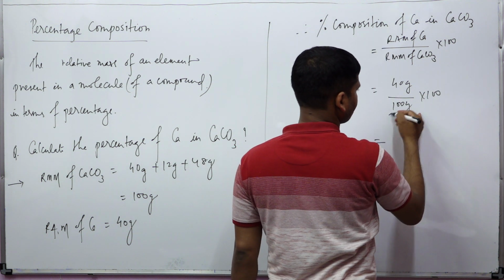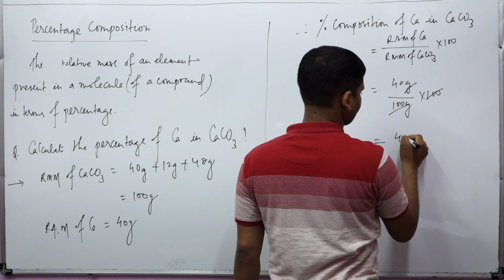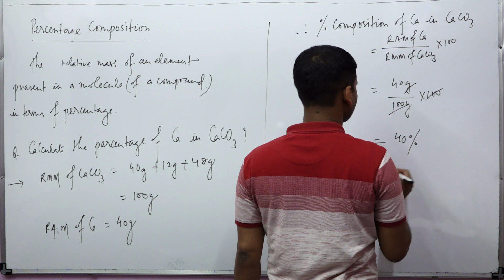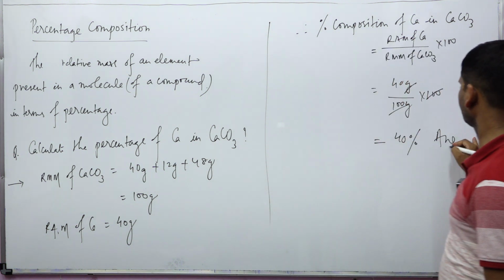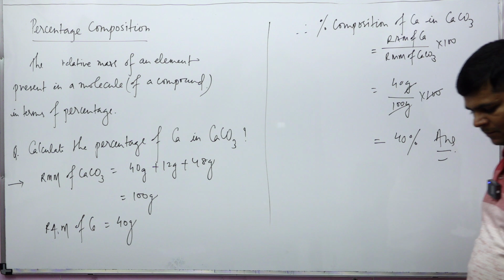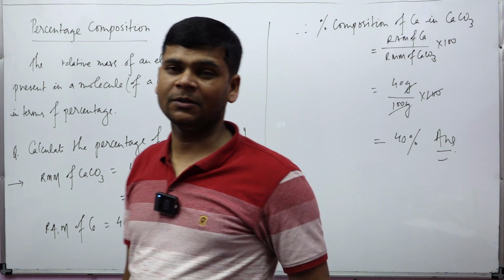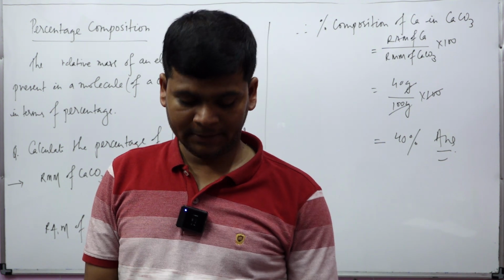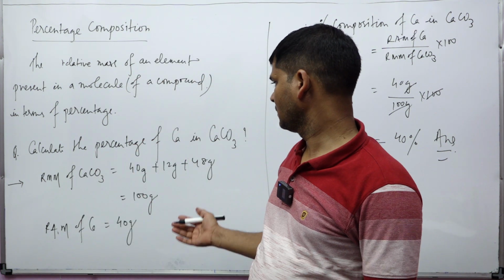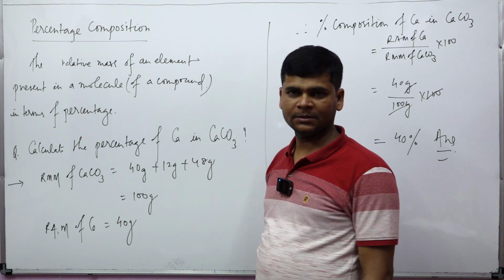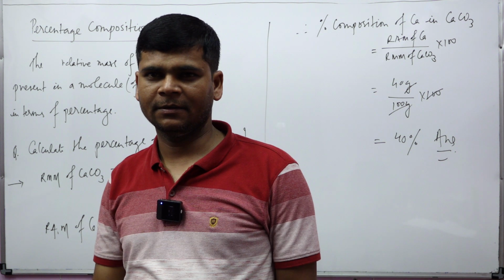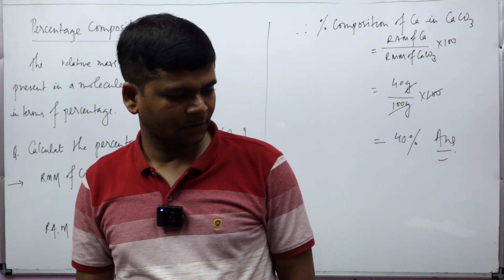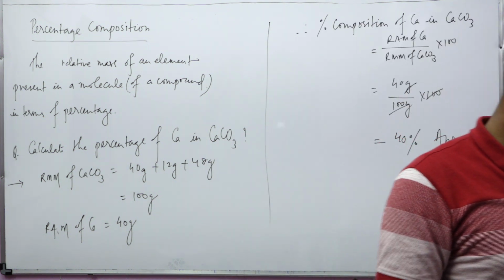So we will get 40%. So this will be the answer about the percentage composition of calcium in a molecule. Similarly, you will be able to calculate the percentage of carbon present, percentage of oxygen present in it. So this is easy to calculate.